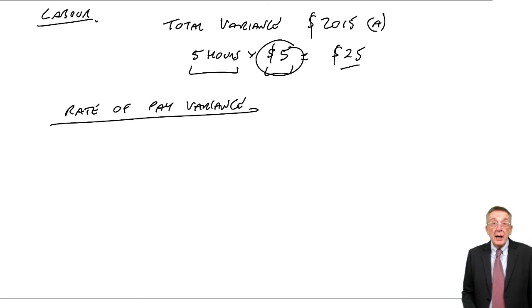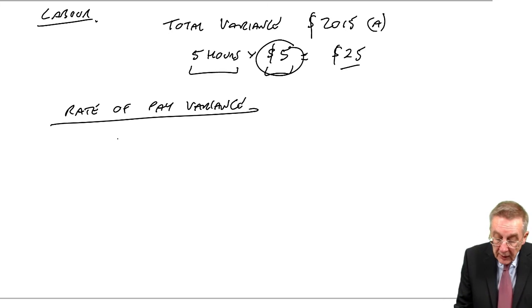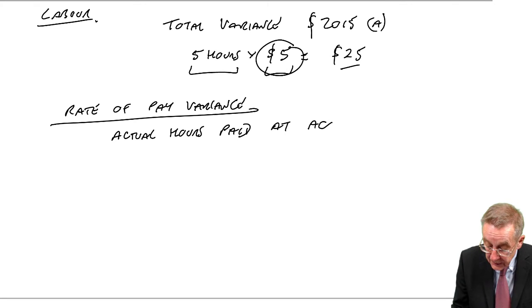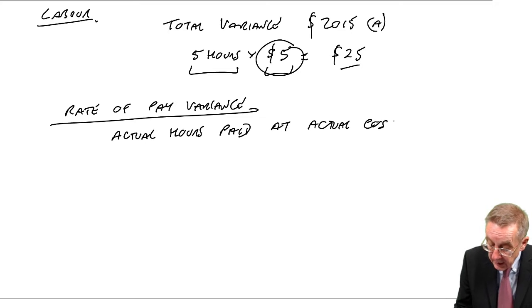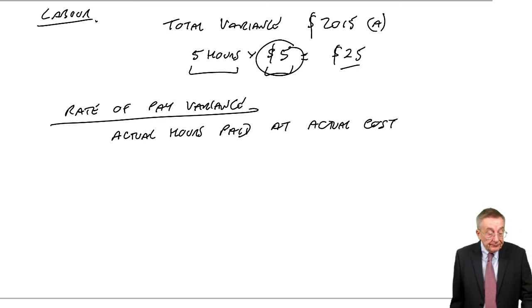And in a very similar way to what we did with the expenditure variance for materials, we take the actual hours we paid at the actual cost. And in a minute we compare with what we should have paid. Well, how many hours did we pay for?